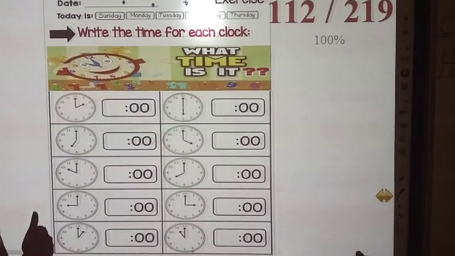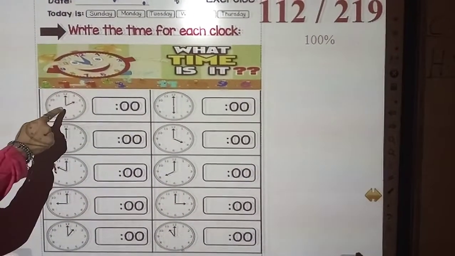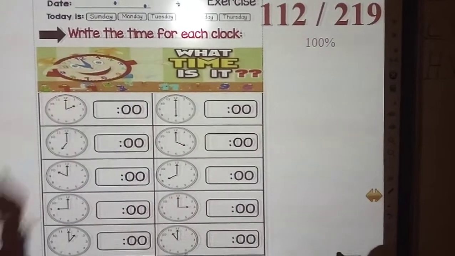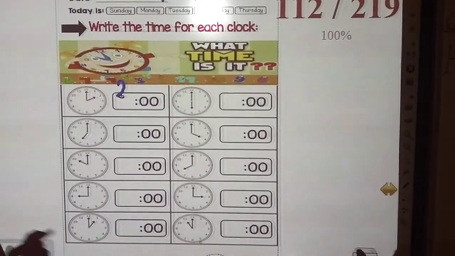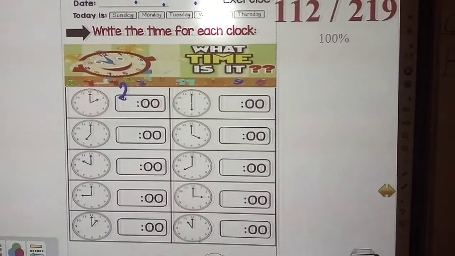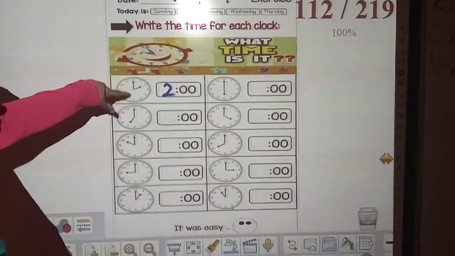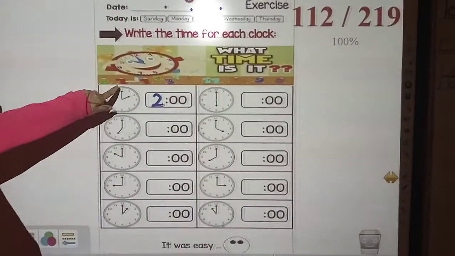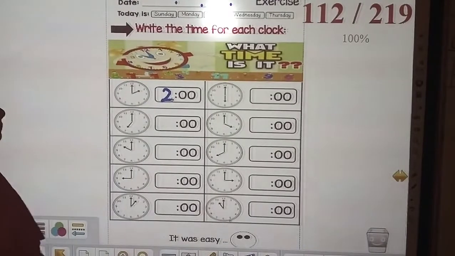Number 1, start with the short hand. The short hand points to 2. And step number 2, the long hand points to 12, means 2 o'clock.